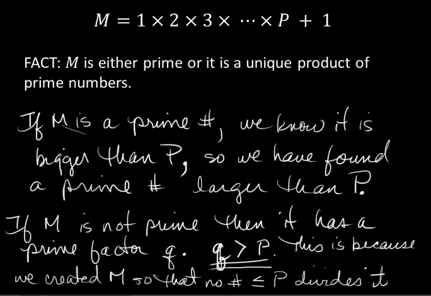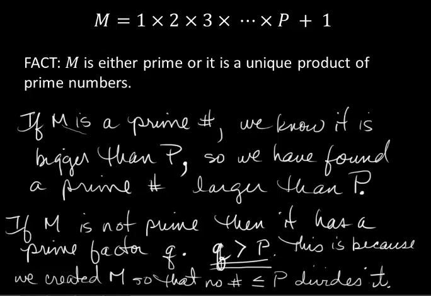So it has a prime factor greater than P. So in either case, we have proven that there is, given any prime capital P, that there is a prime greater than P. And that's really the end of the proof.